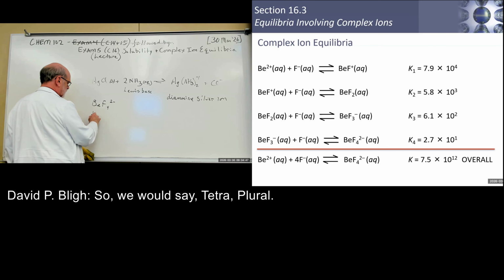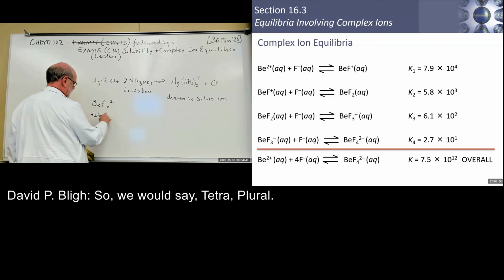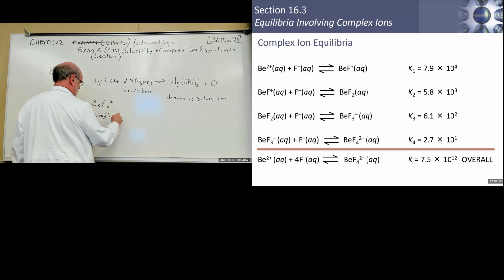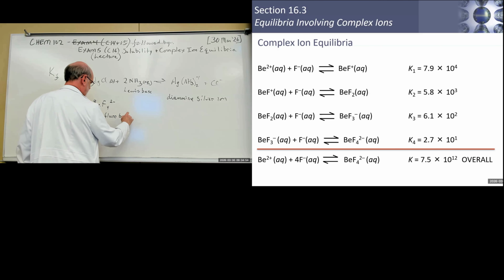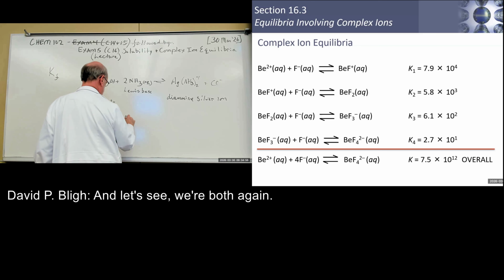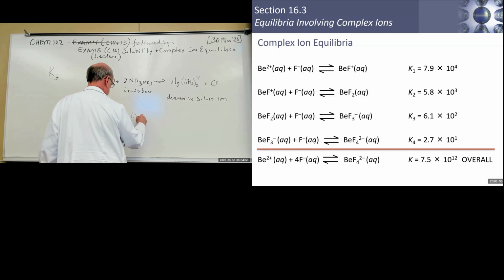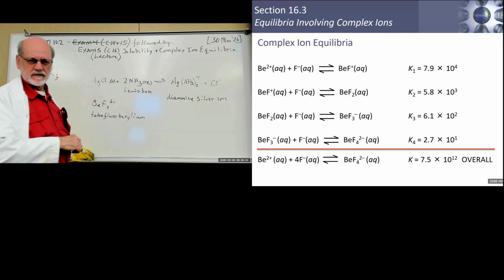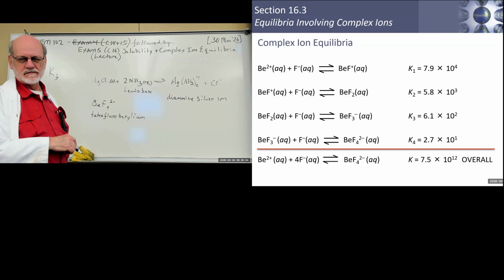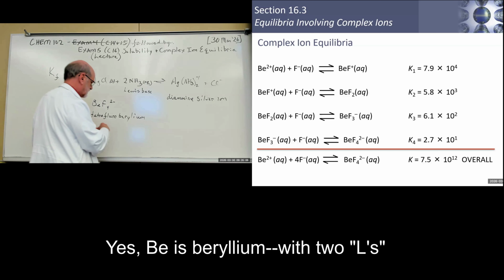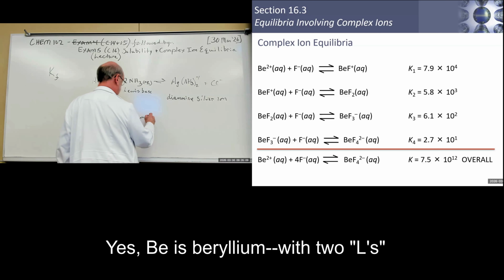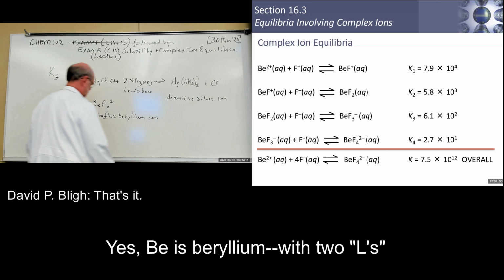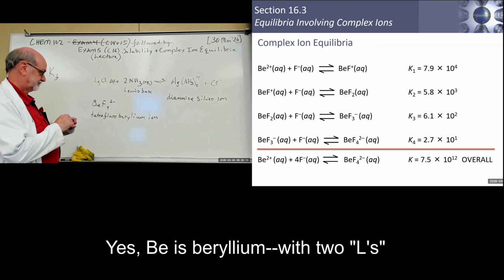So we would say tetrafluoroberyllium ion. Let's see, beryllium. Did I spell that right? Or does it have 2 L's? Ion. That's it.